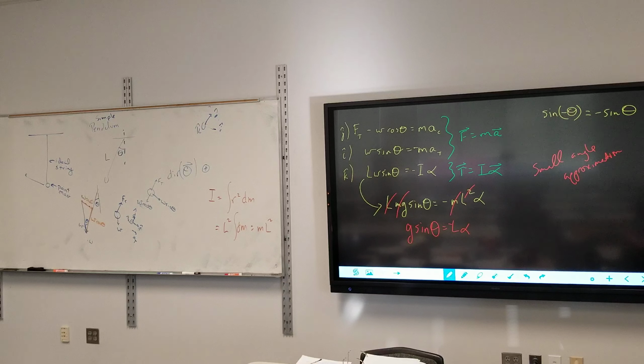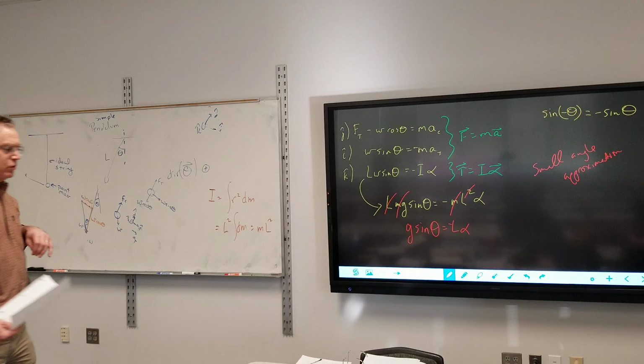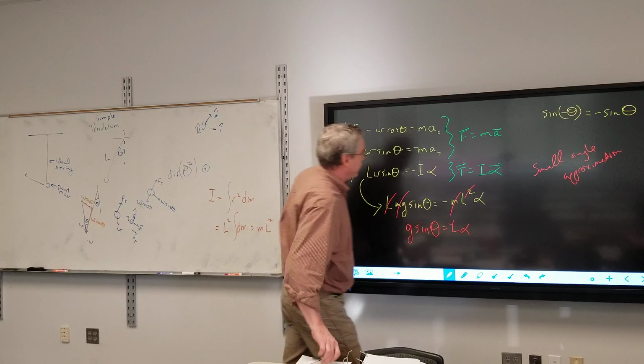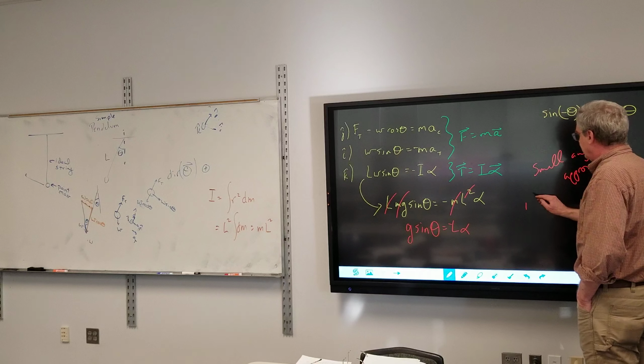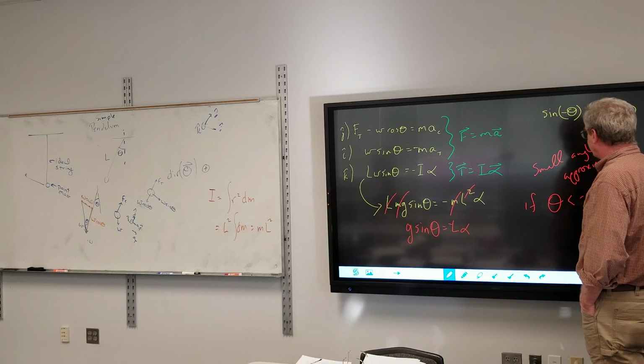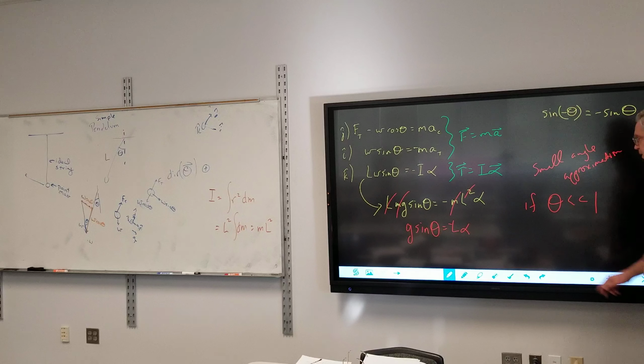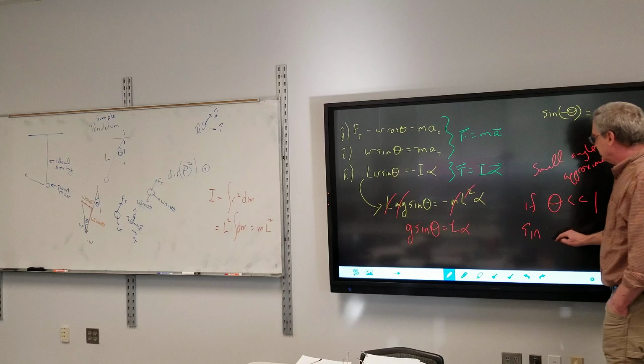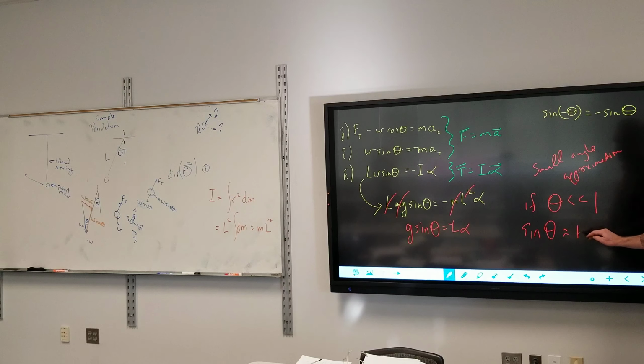Can all of you see that well enough? So the small angle approximation says that if theta is much less than 1, then the sine of theta is approximately equal to the tangent of theta, which is approximately equal to theta.